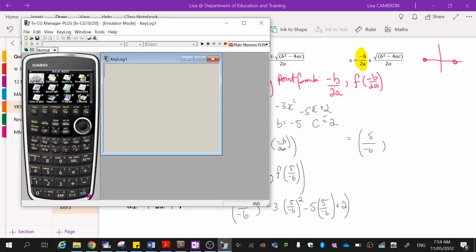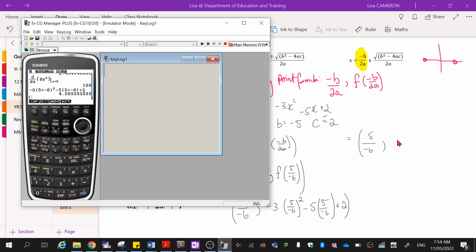Once I'm into this calculator, executing the run matrix, I'm going to put in that function as I see it: negative 3 bracket 5 over negative 6 to the power of 2, minus 5, 5 over negative 6, plus 2.